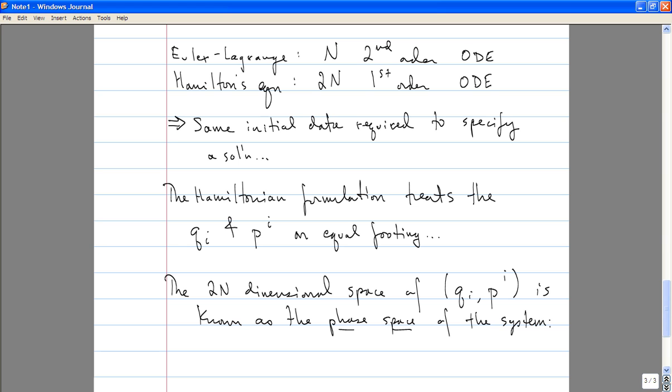And the point is that if you uniquely specify a point in phase space, you uniquely specify the state of the system. So a point in phase space uniquely specifies the state of the system.